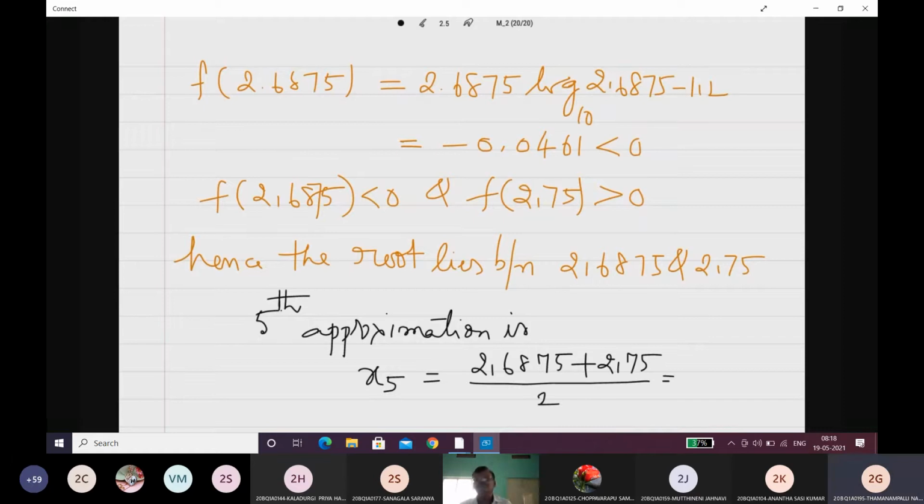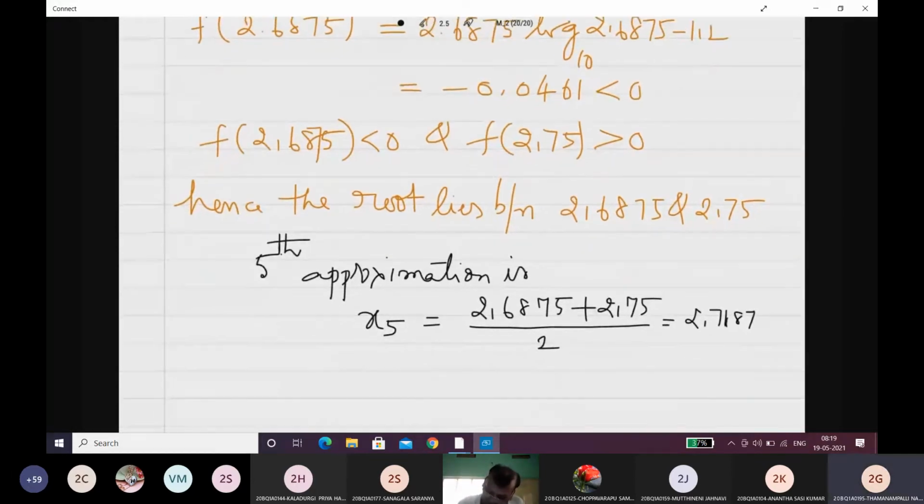What is this value? 2.7187. Right? So again we can calculate the value of f of 2.7187.